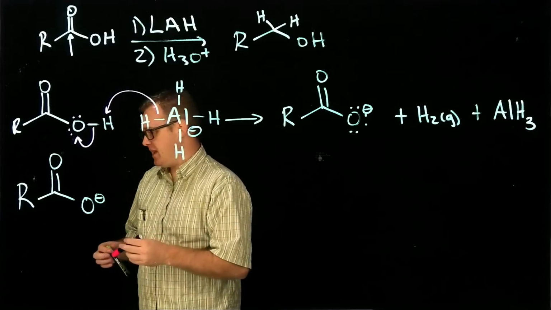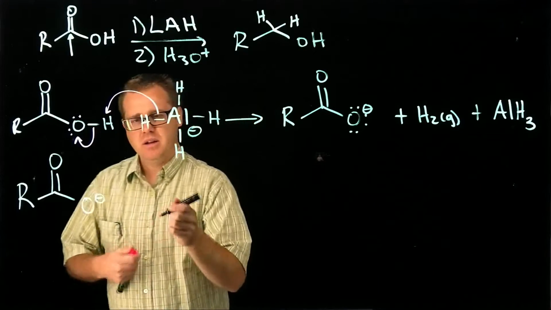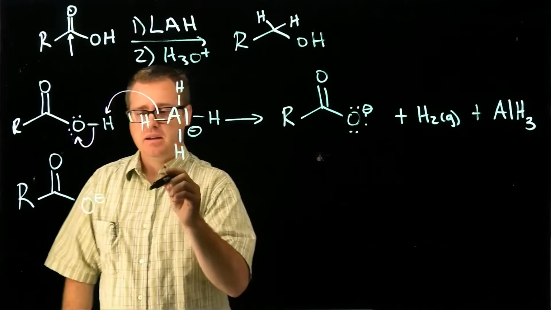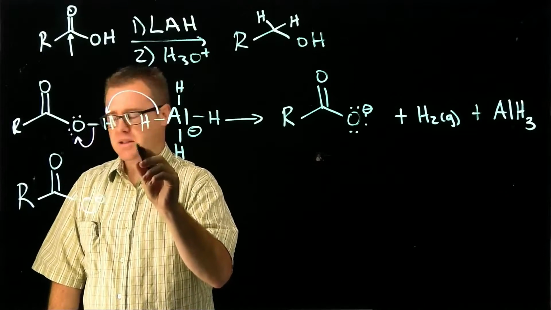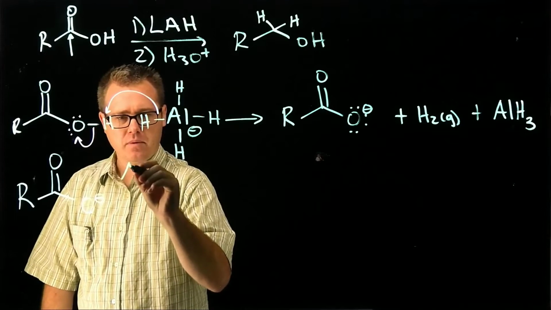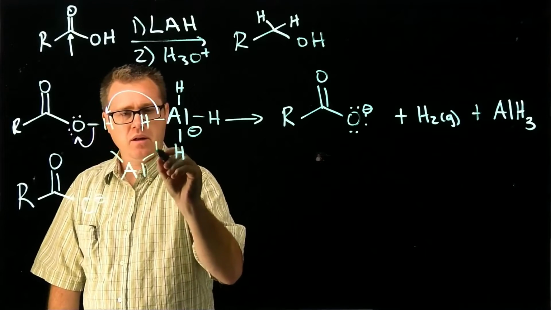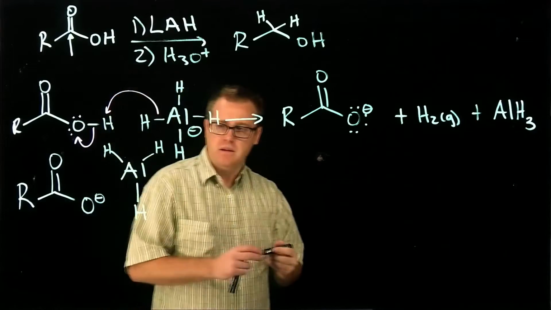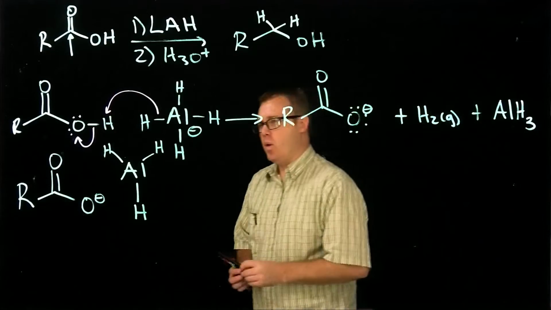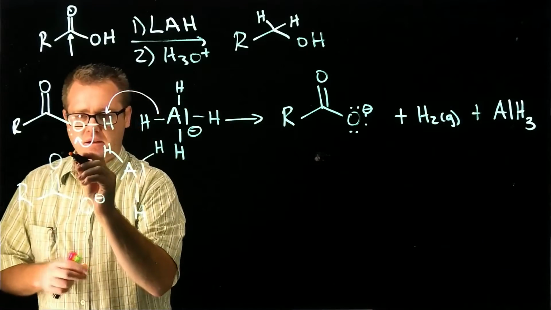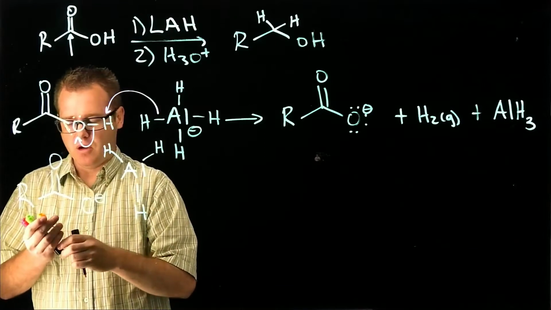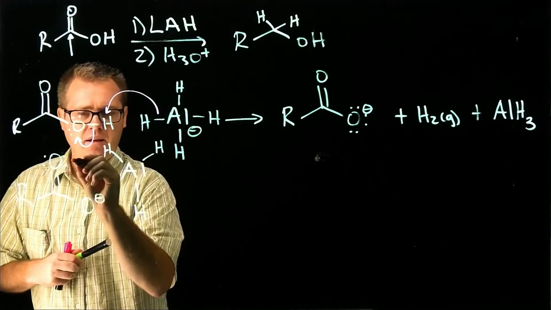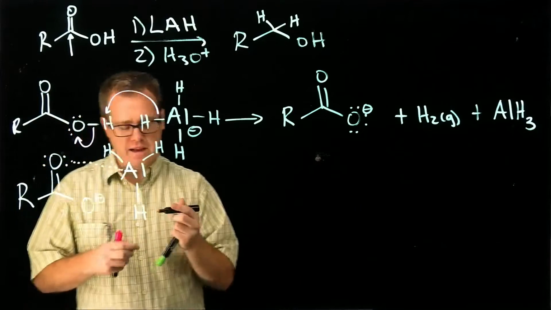what happens is aluminum is going to, the word is called coordinate. It's going to coordinate with the carboxylate like this. So here's our aluminum. It has the two hydrogens there, and then we have a hydrogen there. And it's going to coordinate, which means this oxygen atom, because it has some lone pairs here, can coordinate to that aluminum.